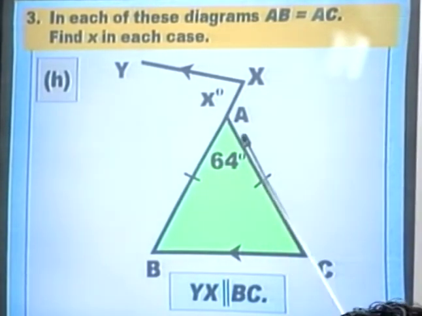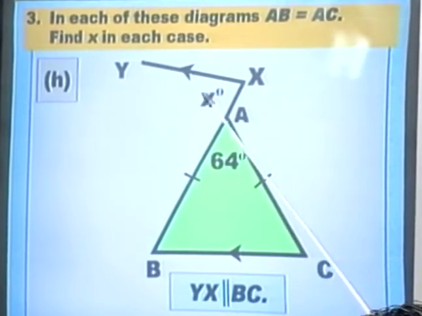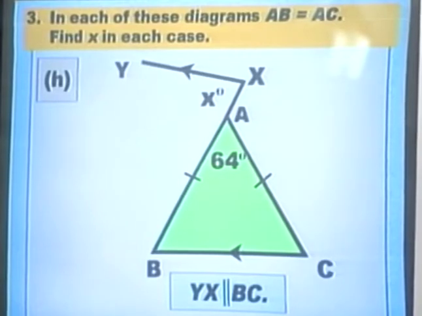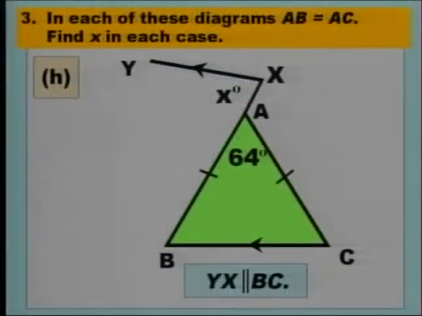Since this is a parallel line, x is alternate to 58 degrees, so x equals 58 degrees. Okay, 180 minus 64 is 116. Divide 116 by 2, you get 58.